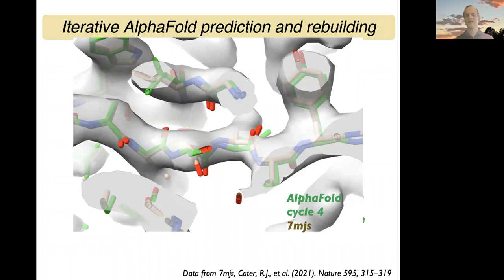This is a great example. It has high resolution data, but this is what is possible. And this is what happens with a good data set. And once again, note that that AlphaFold model is superimposed. It's not refined. This is just plopped right down into the density. Boom, it really fits. It's amazing.